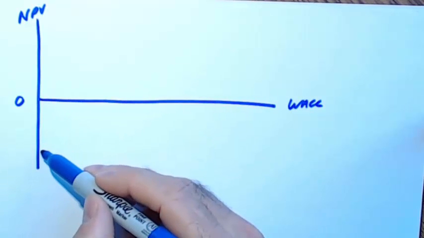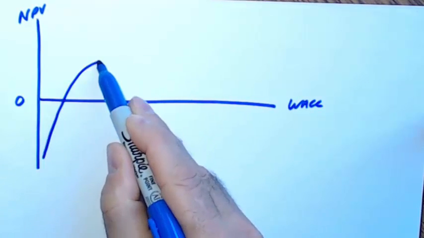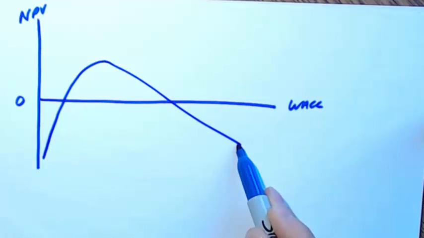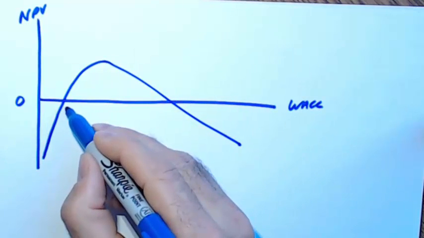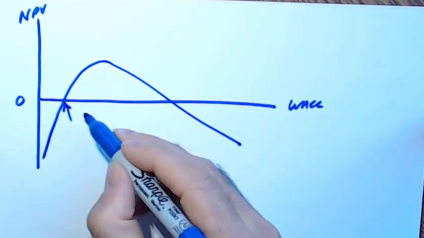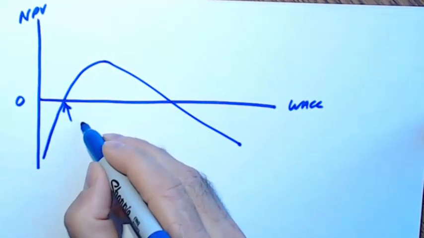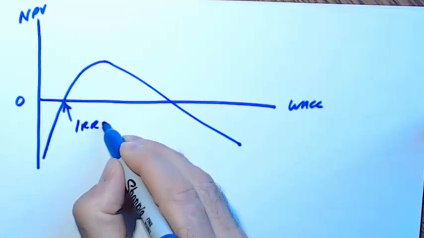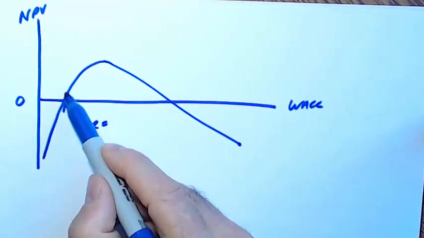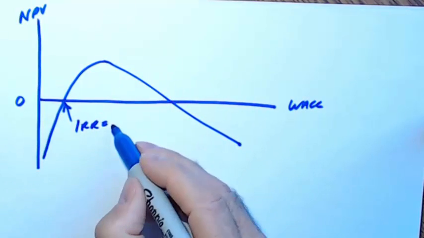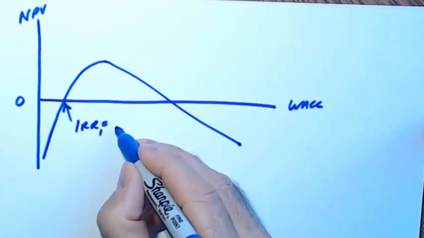The profile is actually going to look like this. That's the profile, and it turns out that where it crosses the axis, just like it did before in those profiles, is where the internal rate of return is. So this is net present value, and this is net present value of 25%.